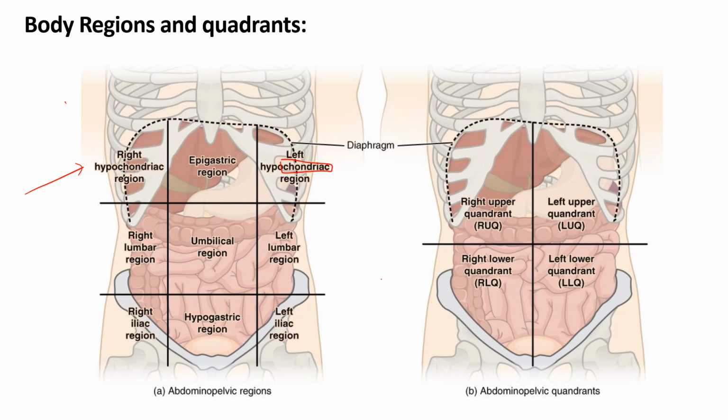So if you look at the rib cage, we have the ribs here, this is the sternum, and those are the ribs. Between the ribs and the sternum, this is cartilage. So as you can imagine, all this here that I'm drawing is not bone, but hyaline cartilage. So the hypochondriac region is the part of the abdomen that is below this cartilage.